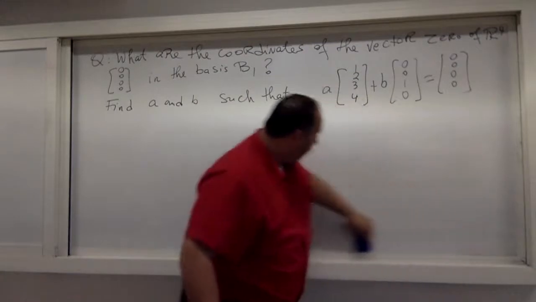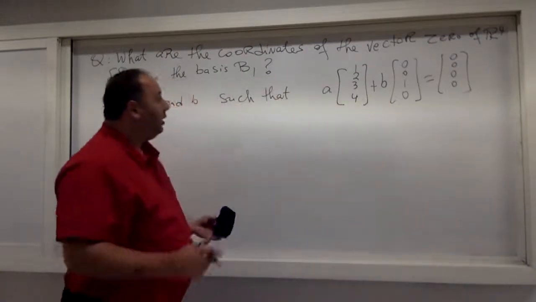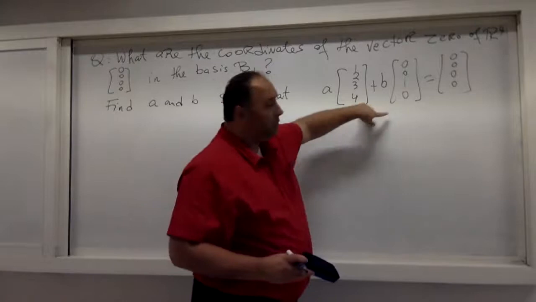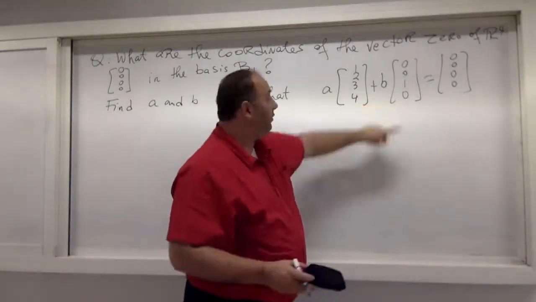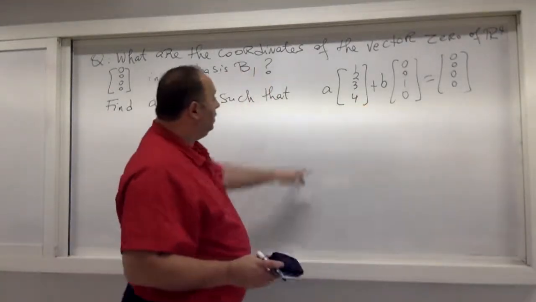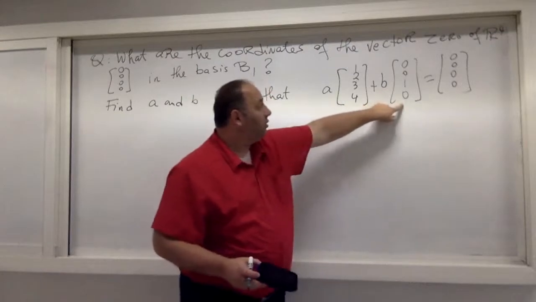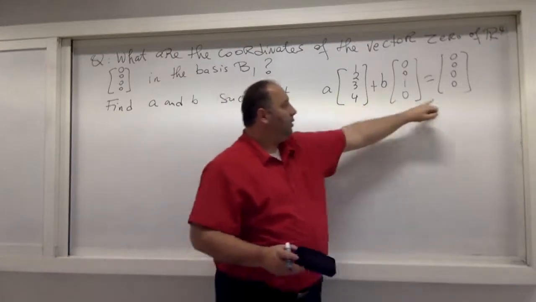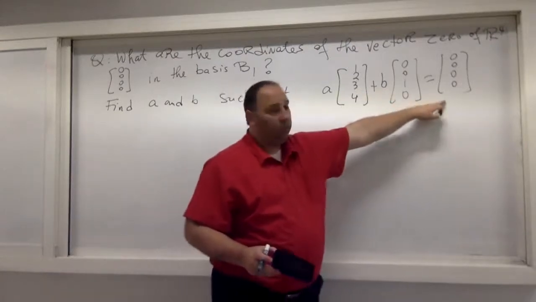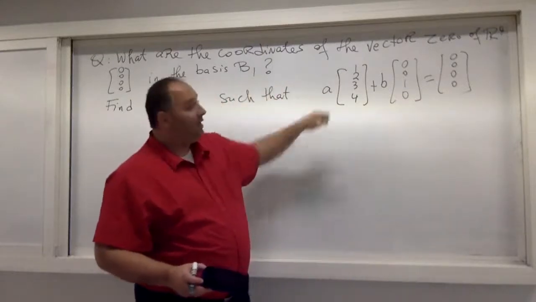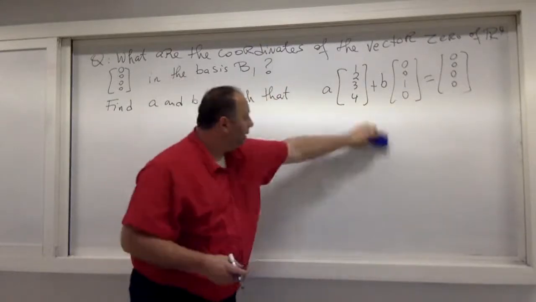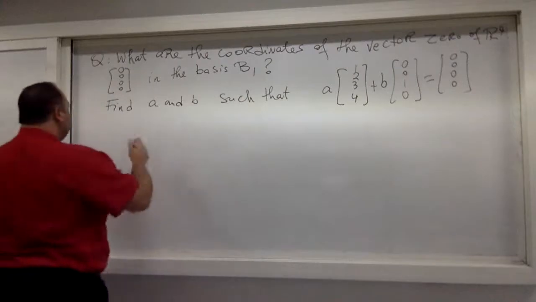Now, if you learned any theory before, you know when you have two linear independent vectors, because this is the definition of linear independence actually. So if you have two linearly independent vectors and you want to find a and b for a homogeneous equation, well, the only solution is a equals 0 and b equals 0. It's useful to know your theory.